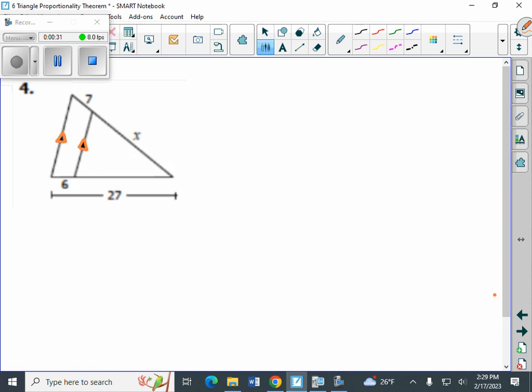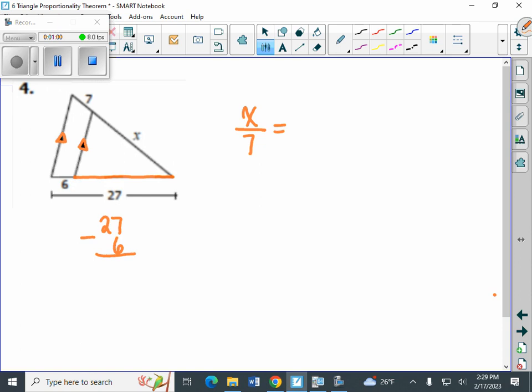What we can simply say on this one is x divided by 7. And now that I look over here at the other part, I need to figure out what this length is, which we can do by taking the entire length of 27 and subtracting that 6 that's within the 27.